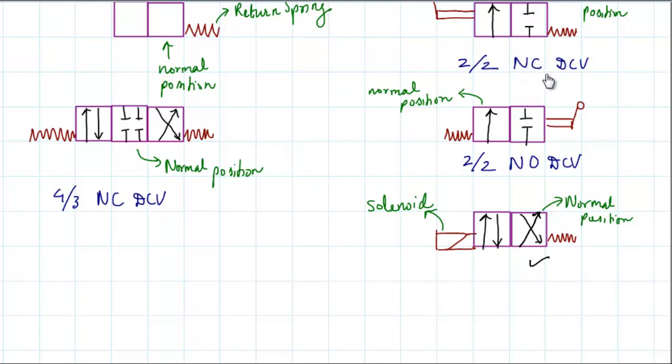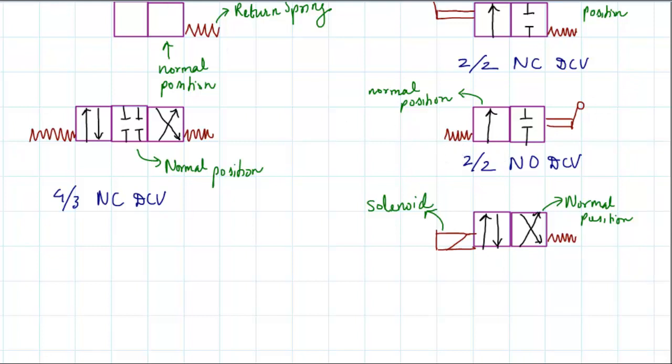Whereas when you activate the solenoid, this particular position comes, and now the fluid goes from P to A and returns from B to tank T. Okay, so that is how we draw a solenoid. When you see this symbol, it is for a solenoid.